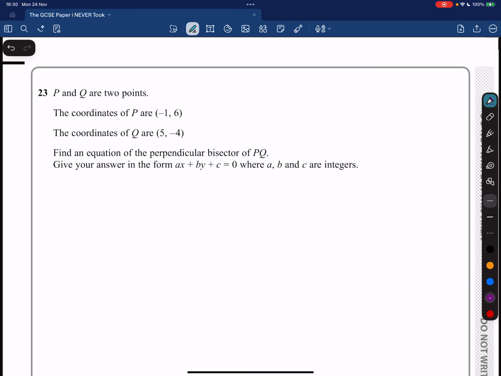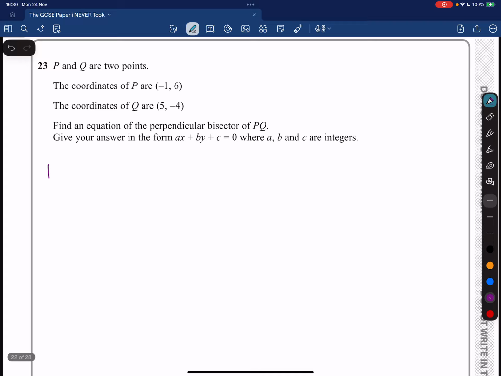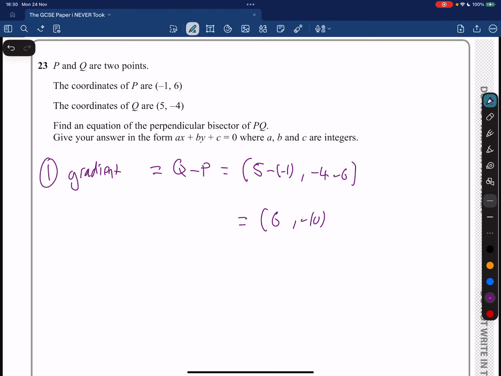Okay, the coordinates of P are minus 1 and 6. Coordinates of Q are 5 and minus 4. So the gradient is rise over run. So what I can do is Q minus P, equal to 5 minus minus 1, comma, minus 4 minus 6, which is equal to 6, minus 10.